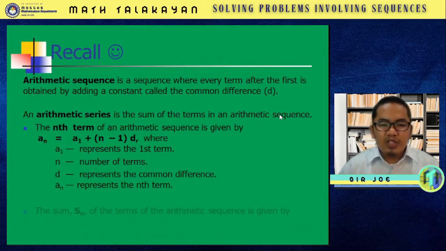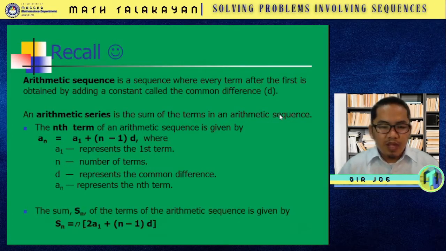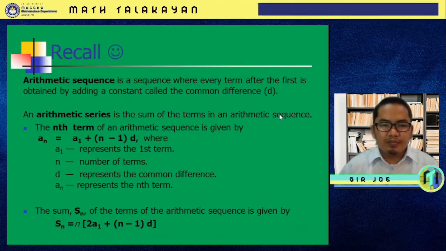The sum, which is s sub n, of the terms of the arithmetic sequence is given by s sub n is equal to n times the quantity of 2a sub 1 plus the quantity of n minus 1 times d.